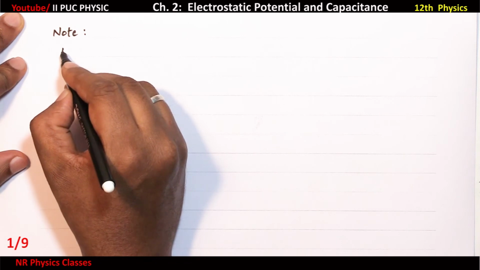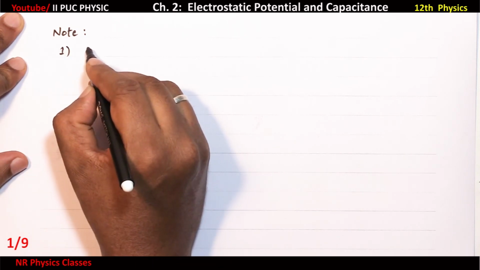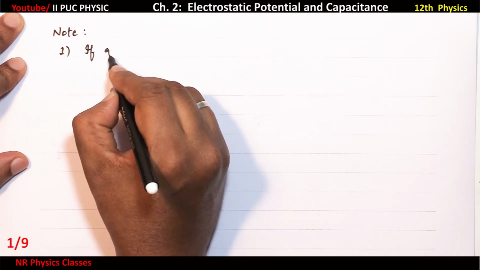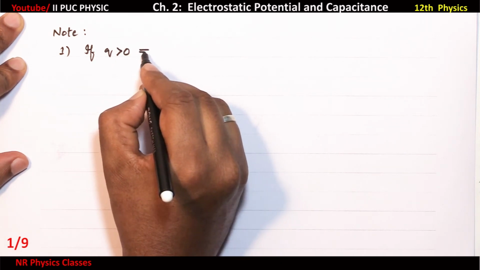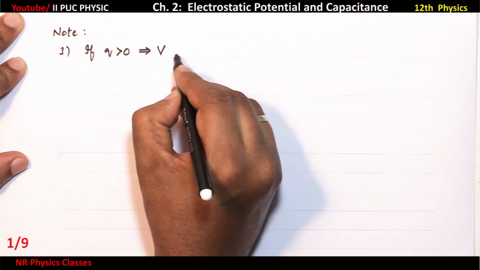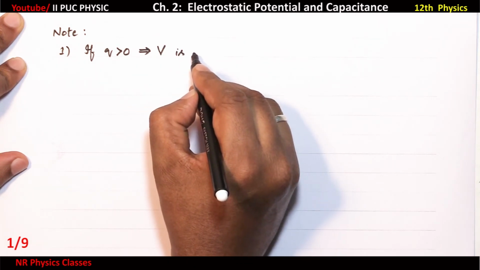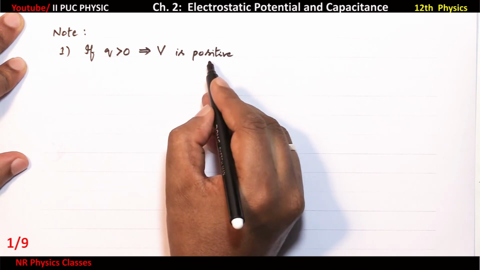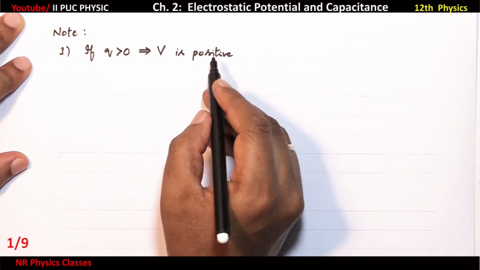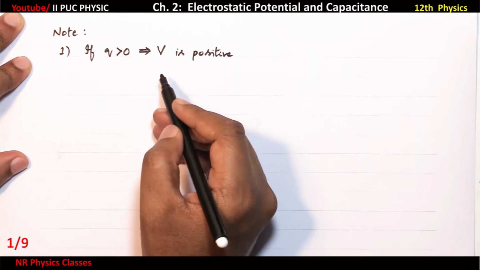First note, if q is greater than 0, means for a positive charge, potential is positive. And what does positive potential mean? Work is done by the external force.